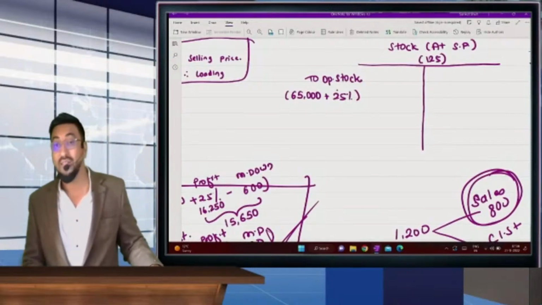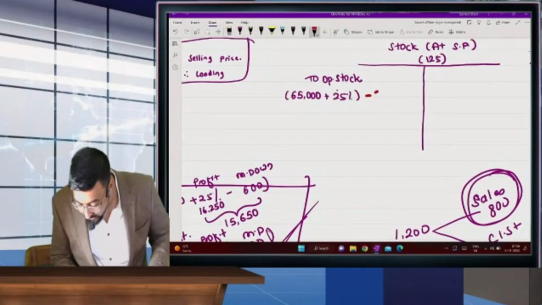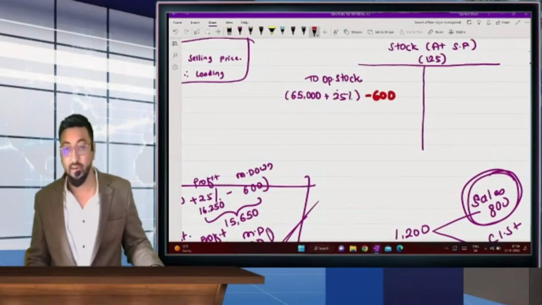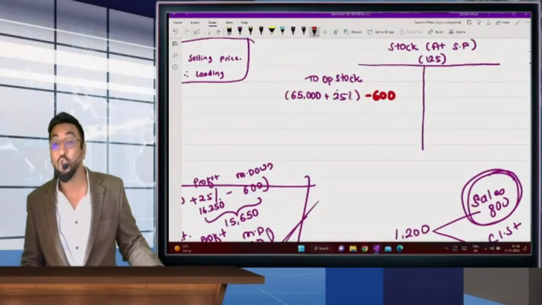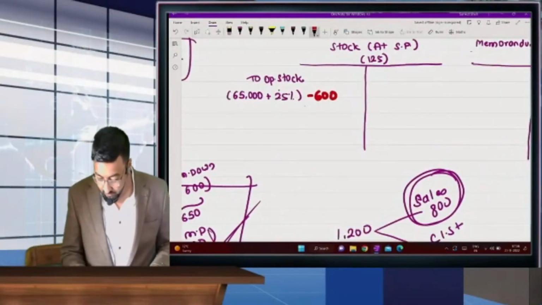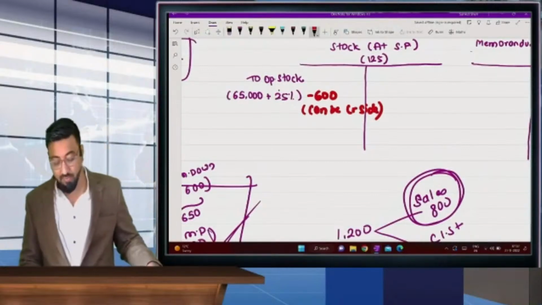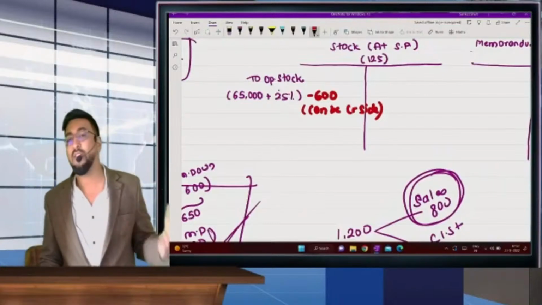Okay. Now this 600, you have two options. Either you deduct it from here, or you can show it on the credit side. You can show it on the credit side or deduct it from the debit.